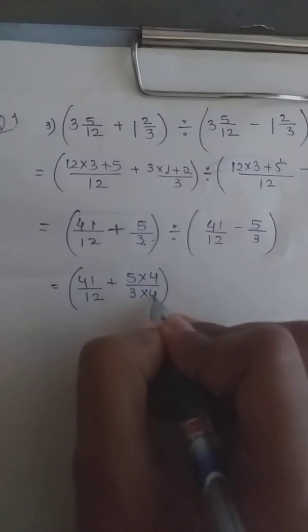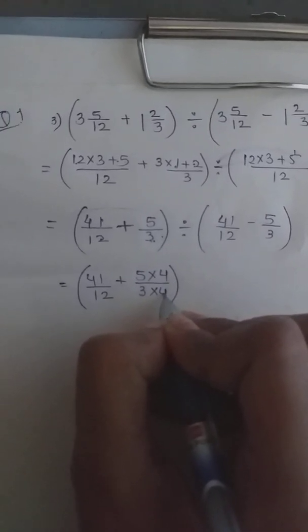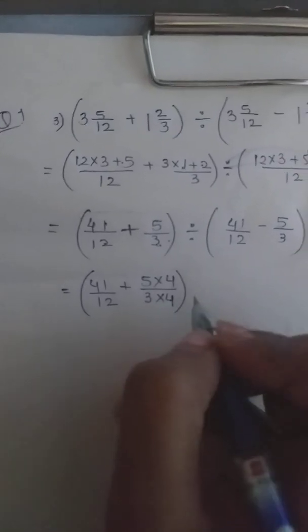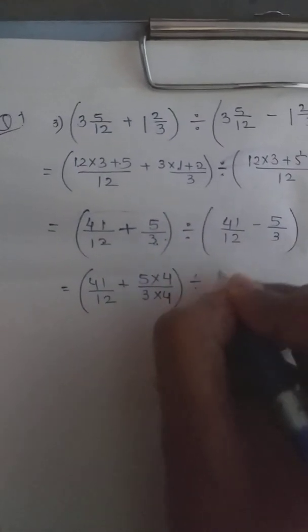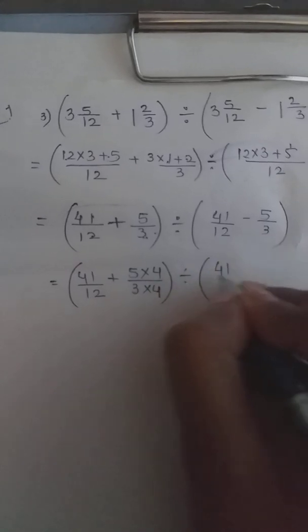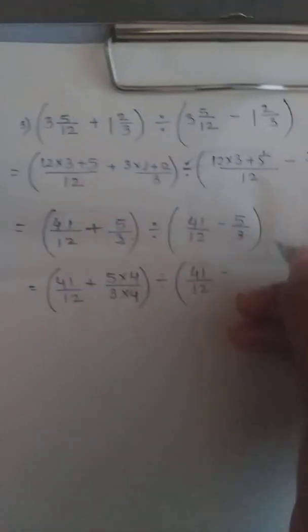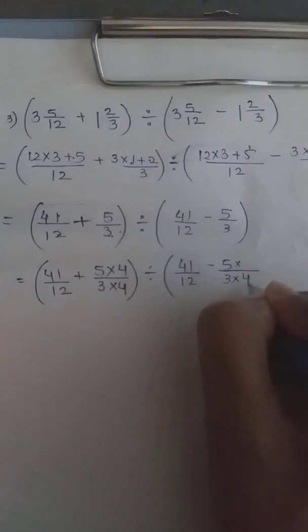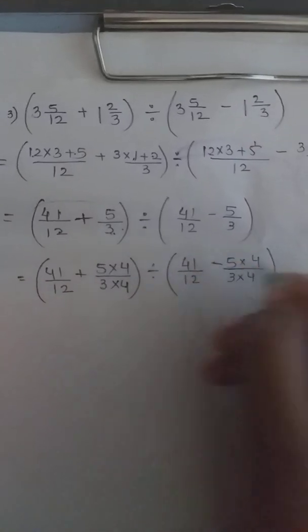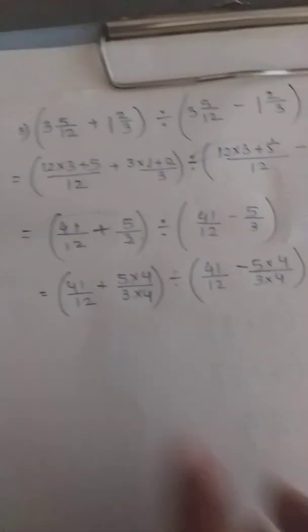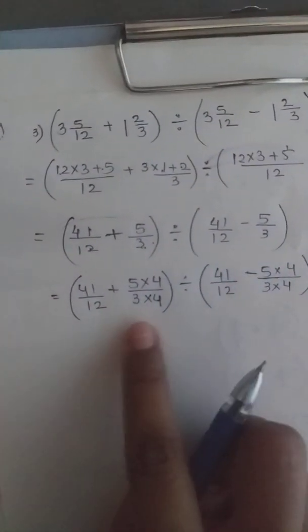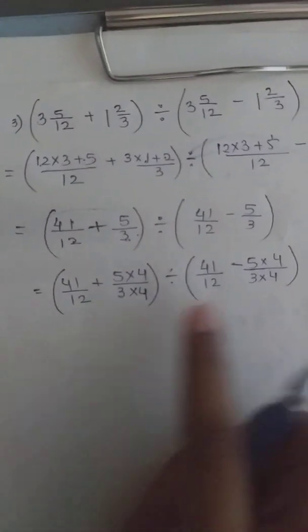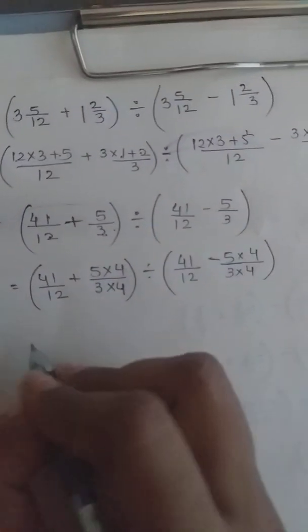Why 4? 3 4s are 12. So I'll make the denominator the same by multiplying 4 with both the numerator as well as the denominator. Same here, 41 by 12, but this side to make the denominator the same, I'll multiply 5 by 3 by 4. The minus sign will remain the same. See, whenever there is plus or minus, we have to make the denominator the same to do the sum.